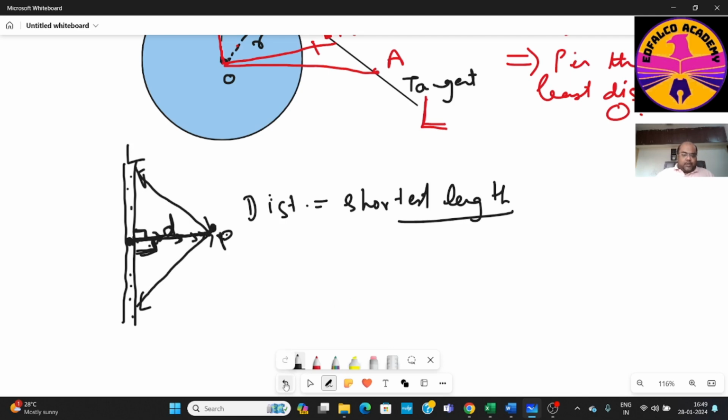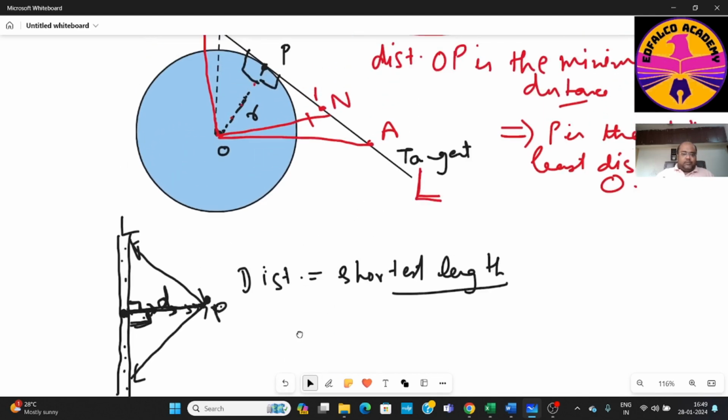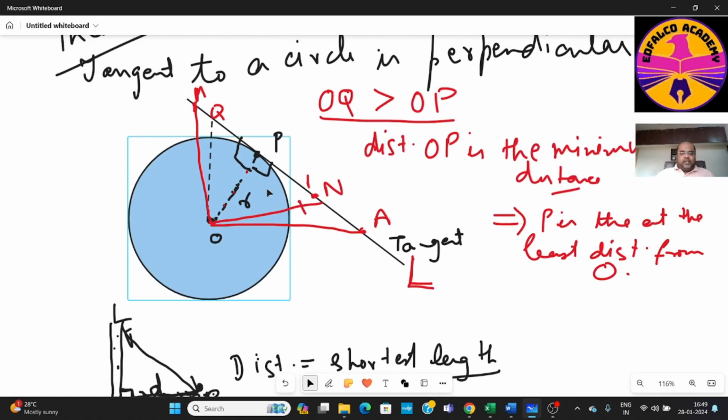So now returning to our original discussion, we are seeing here that point P is at the least distance, has the least length from O. That means this OP, which is nothing but the radius, must be perpendicular to the tangent.